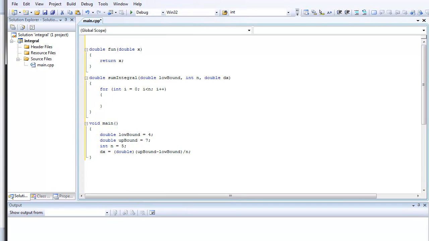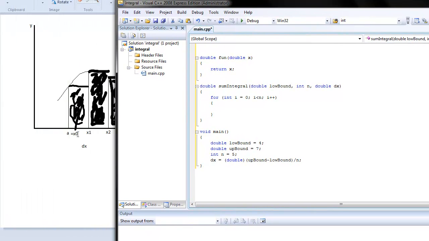Well, now we need to set up the number xi actually, the xi, double xi equals low bound plus i times dx.